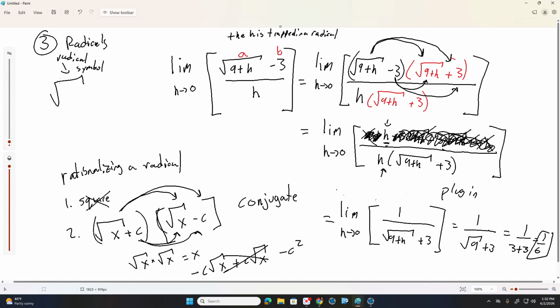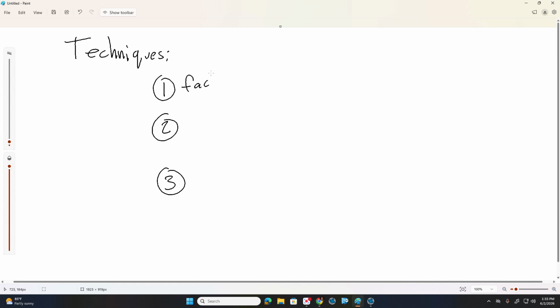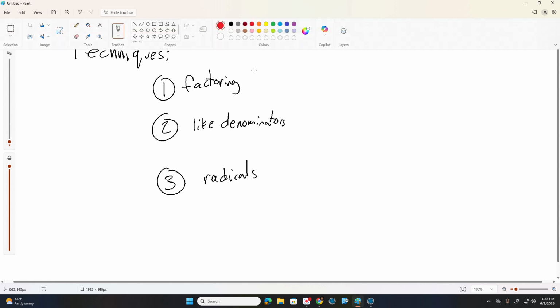Just to make sure we're all on the same page, when it comes to our techniques, we really have three main techniques that we're going to target. We might need to do some factoring. We might need to create like denominators, and we might have to deal with radicals. And what are the methods here?